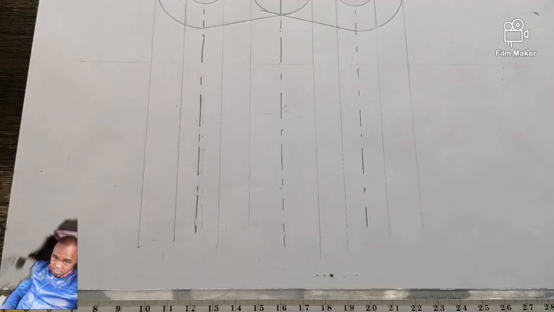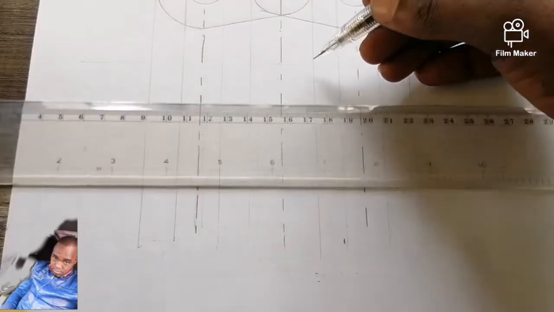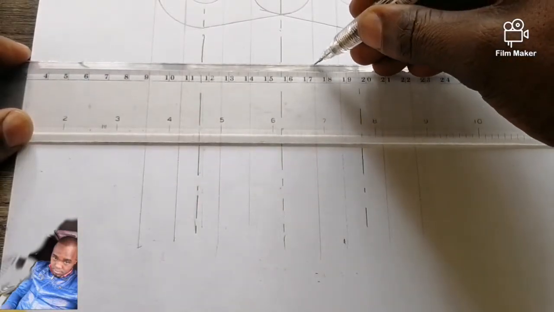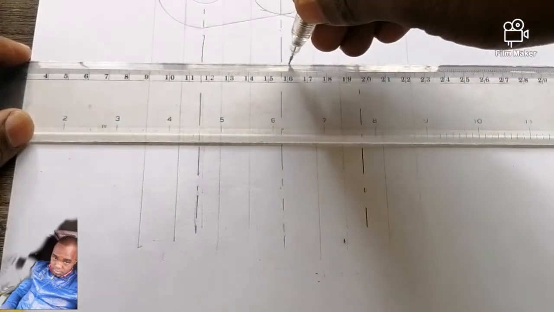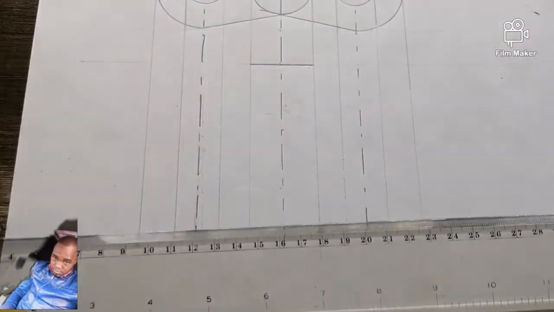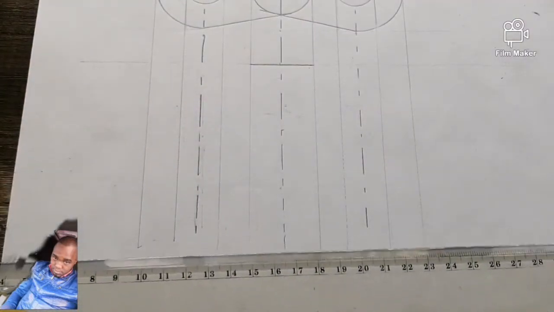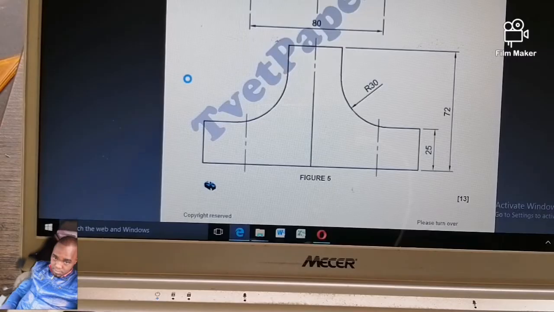Understand? Alright, after you are done taking these lines down, without fear or favor, you'll then know what is supposed to be dark from here. And you come back to your question. You see, what is the height? The height we are told is 72.